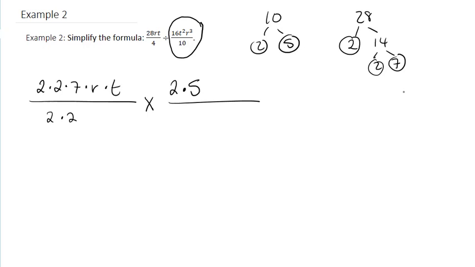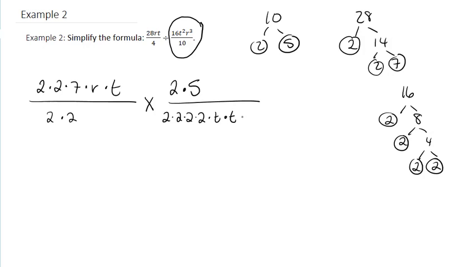And then 16 is 2 times 8. 8 is 2 times 4, and then 2 times 2. So we have 4 2's to make up 16. So we have 2 times 2 times 2 times 2 times t times t times r times r times r. So this is how we expand out all these terms.